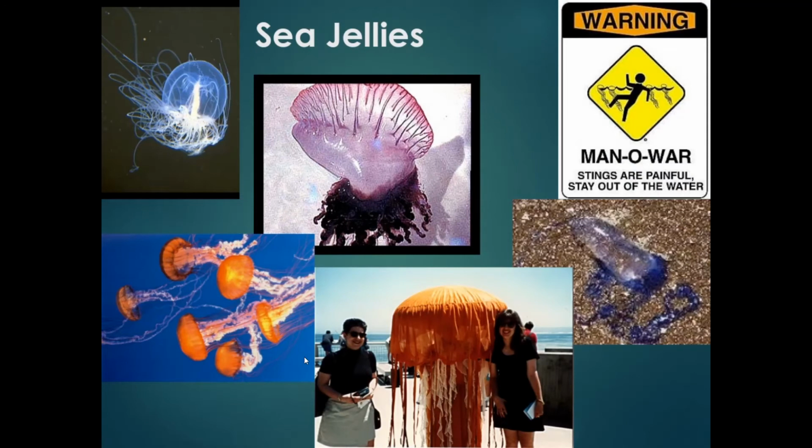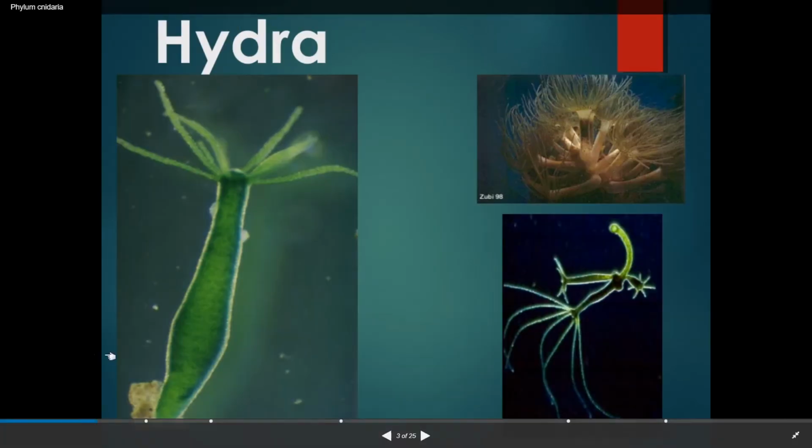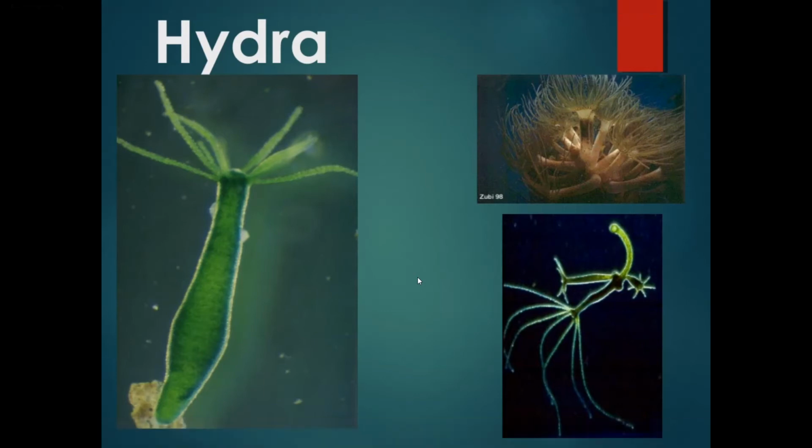So these are your sea jellies, your Portuguese man-o-war, your moon jellies, other different types of jellies, lionfish jelly. I think there's the immortal jelly. You got all different sorts. So you have hydra, which are kind of like a sea anemone jelly type situation.